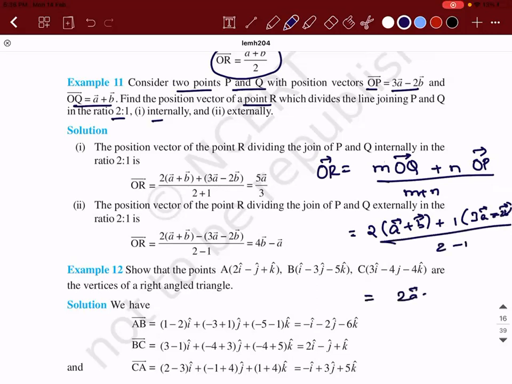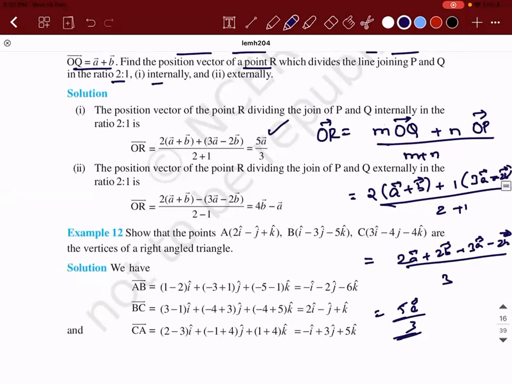So it becomes 2A vector plus 2B vector plus 3A vector minus 2B vector, 2 plus 1 is 3. So this becomes 5A vector divided by 3. So 5A vector divided by 3 is going to be the position vector of R, which is dividing the points P and Q internally in that ratio.